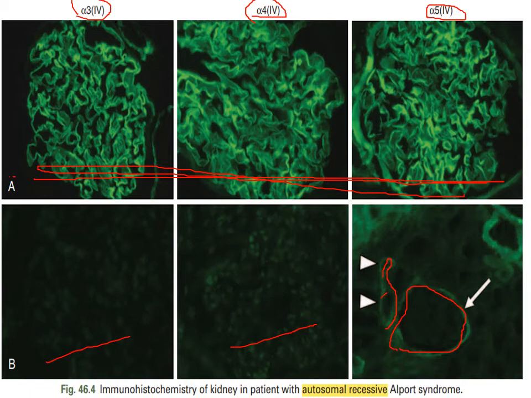So in this picture, we have negative alpha 5 chain in the glomeruli, but positive in the Bowman's and distal renal tubule. So we have a case of autosomal recessive Alport syndrome. This picture is very nice.